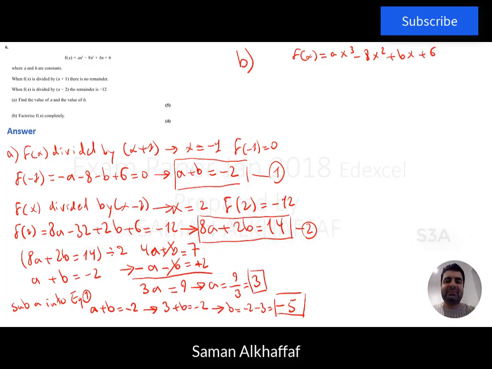Now this changes to 3x cubed minus 8x squared minus 5x plus 6. Now we will try to completely factorize the expression. We'll do a long division in this scenario.